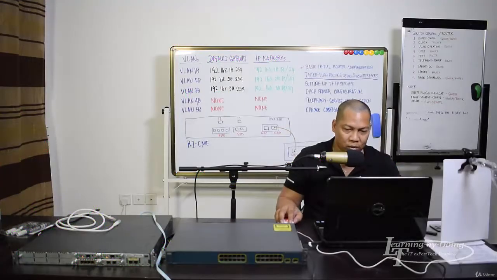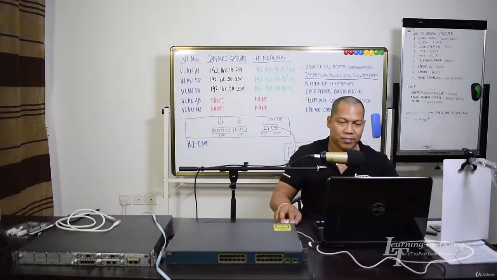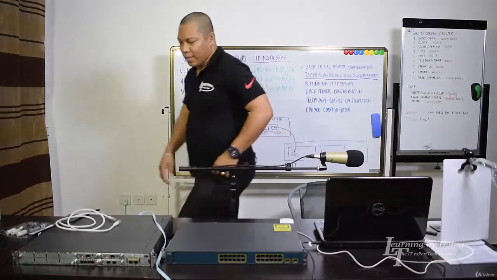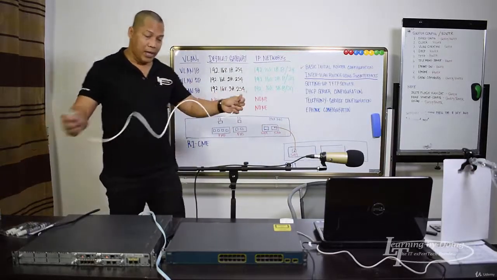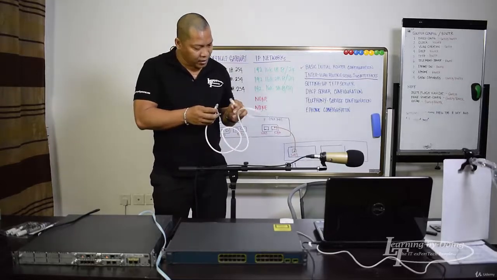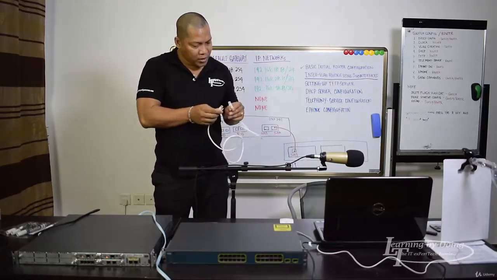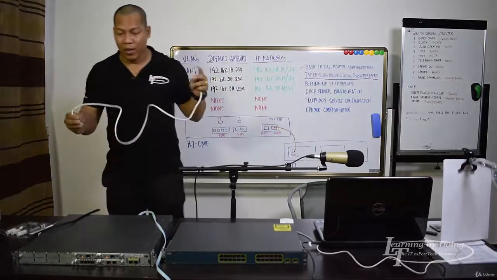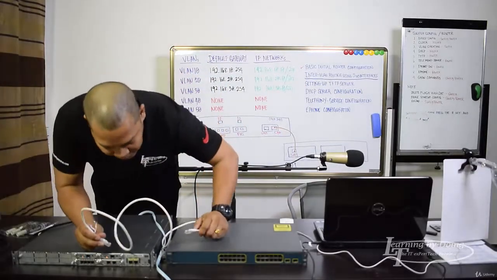I will show you how to connect these devices, the router and switch, because in our topology we have to do that. Here I have with me this 568B cable. This is a straight-through cable. What I'm going to do with this cable is connect these devices.